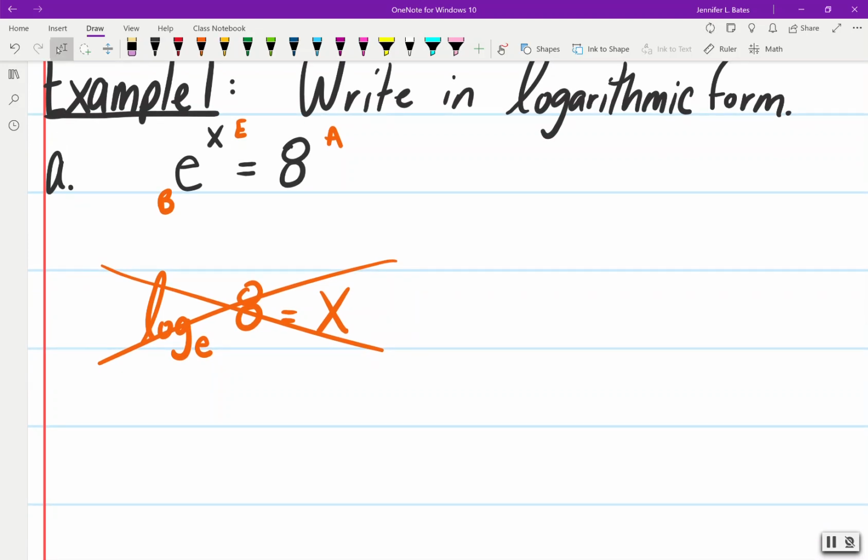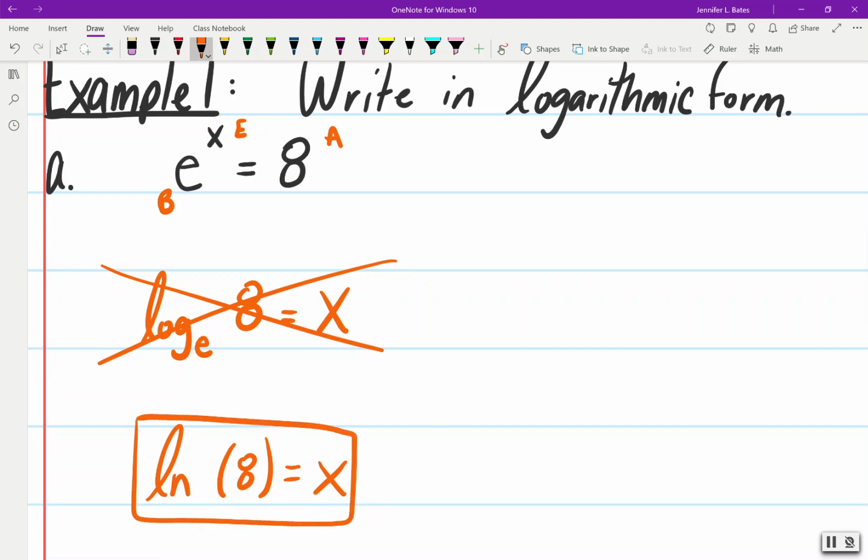So when we write this and we change forms, we're going to just say ln of 8 is equal to x, because the ln means log base E. Okay, let's do another one.